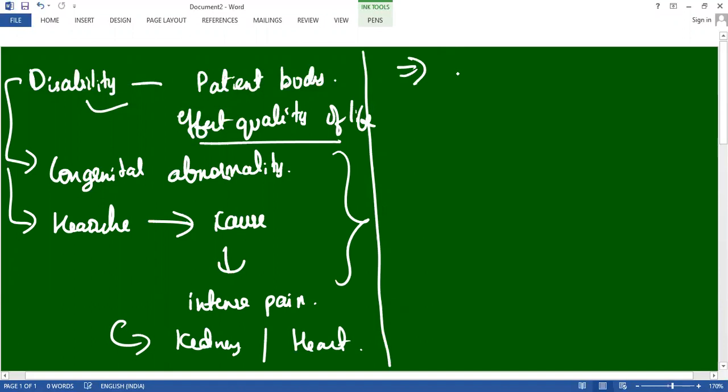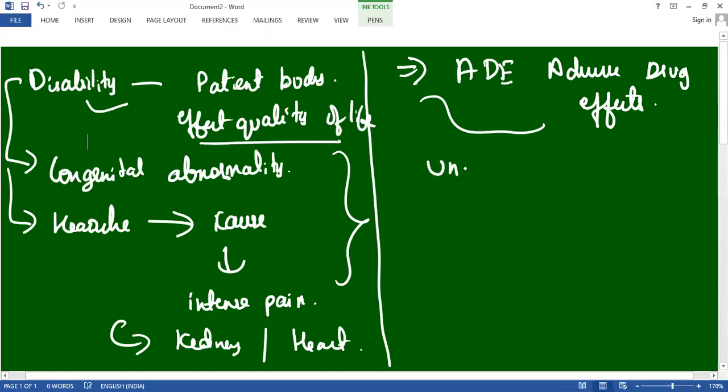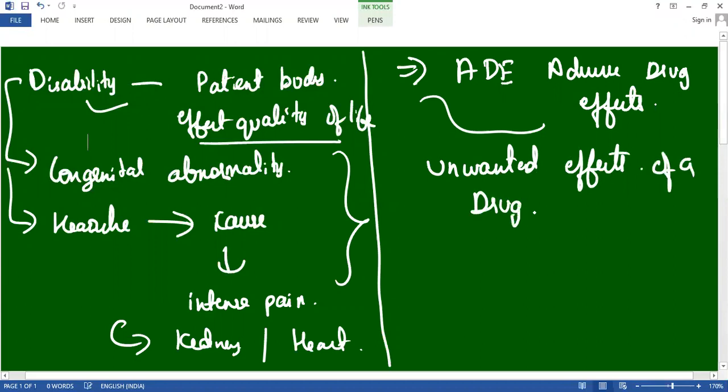And the next topic is adverse drug effects. These are the unwanted effects of a drug, and there are 3 divisions.